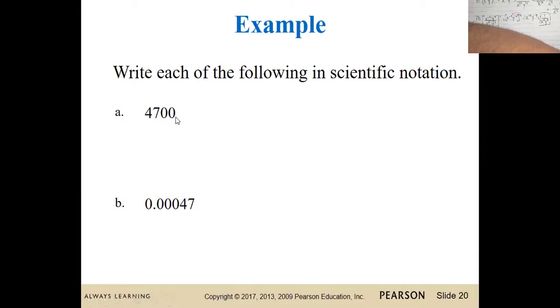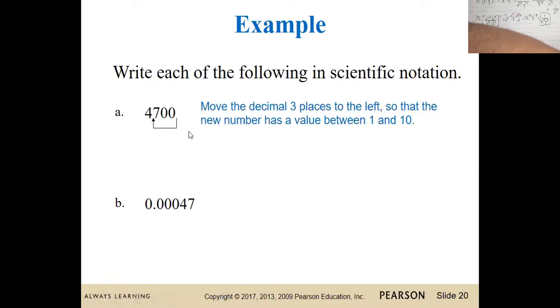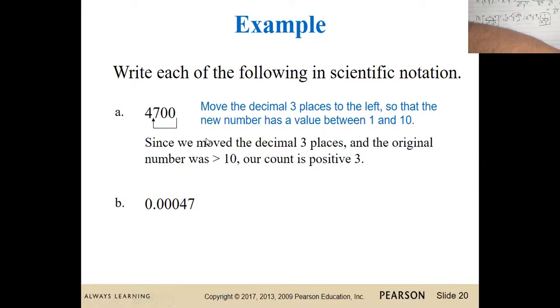So I move it to make it 4.7. If you count, you're moving it 1, 2, 3 places. So you'd write 4.7 times 10 to the third. Again, if it's a bigger number, the exponent is positive.